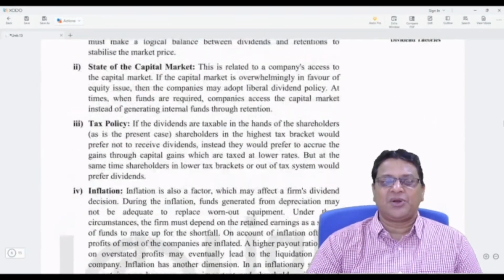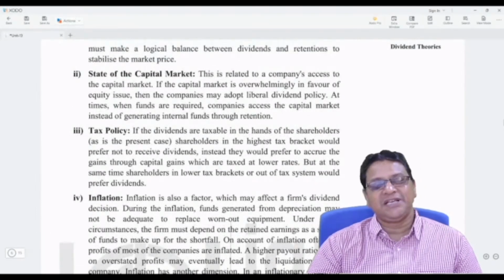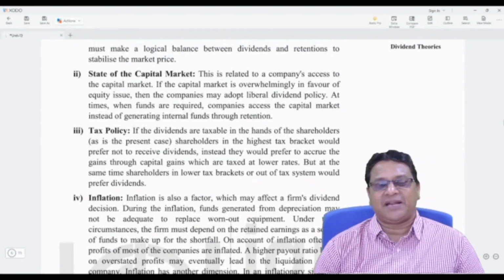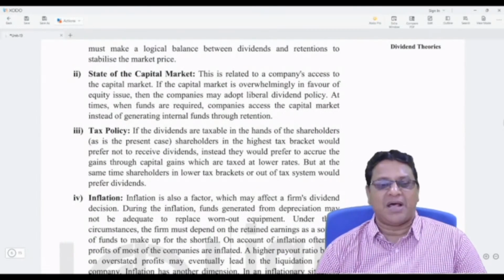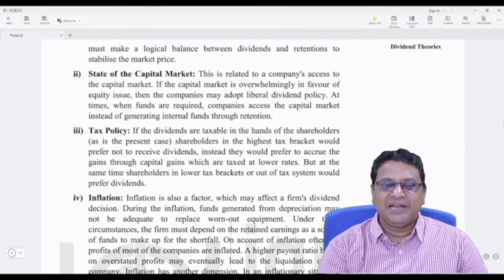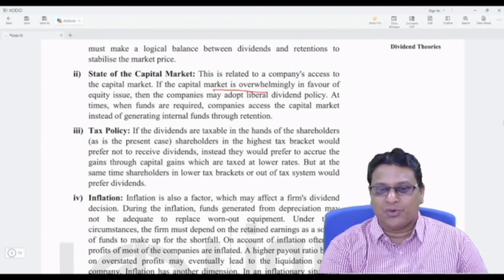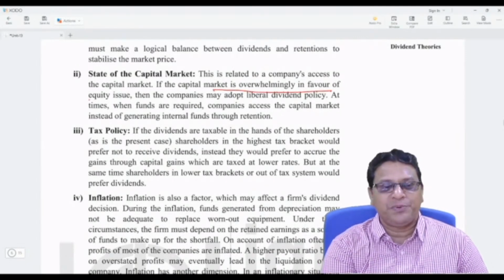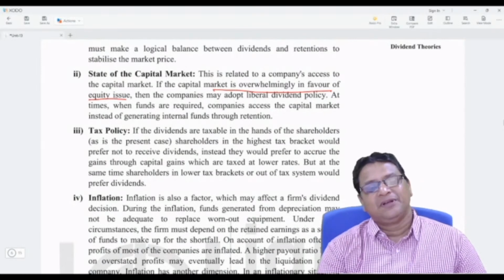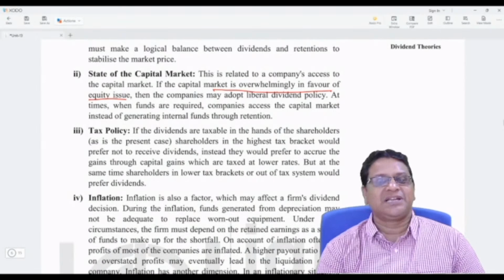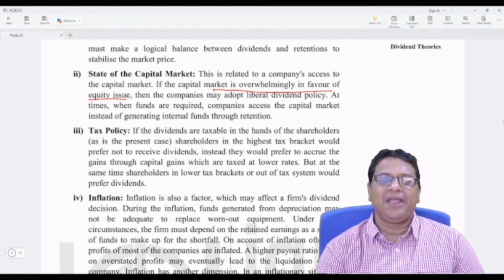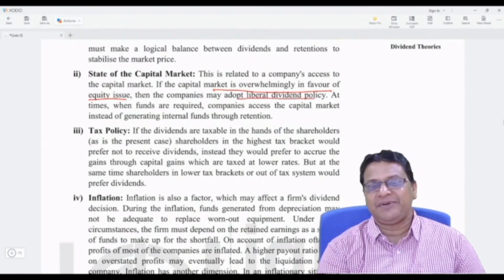The next factor which affects the dividend policy is the state of capital market. What is the position of the capital market? Whether the capital market is overwhelmingly in favor of equity issues. If most equity issues are successful in the capital market, the company may adopt a liberal dividend policy.